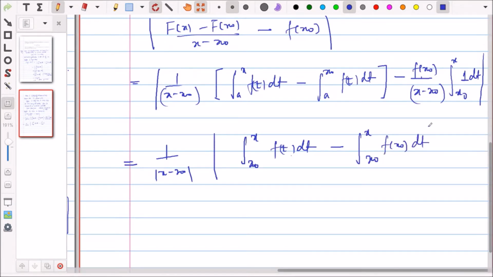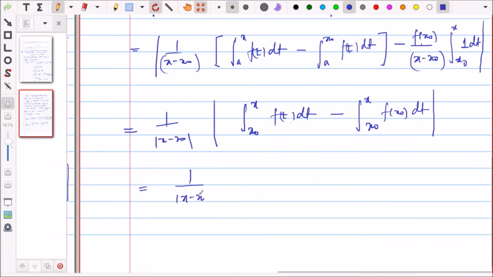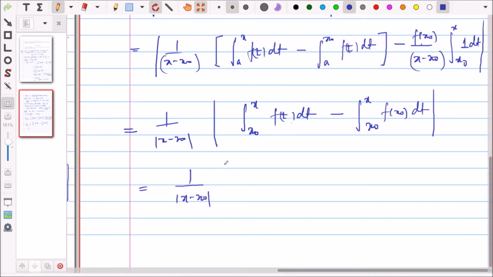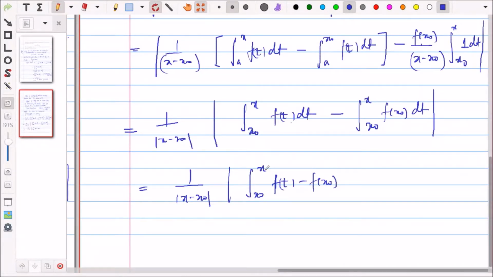So this is constant, right? So this I can write as, अब इन दोनों को क्लब कर लोगे तो you will get integral x naught to x of (f(t) minus f(x naught)) dt, right?